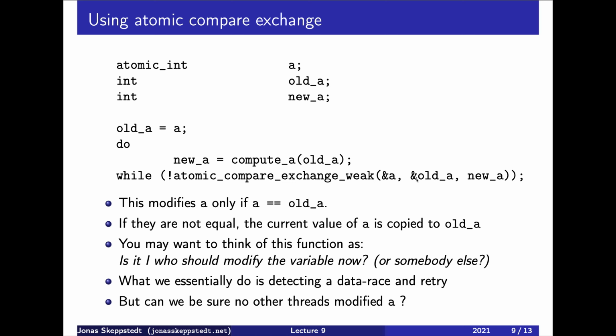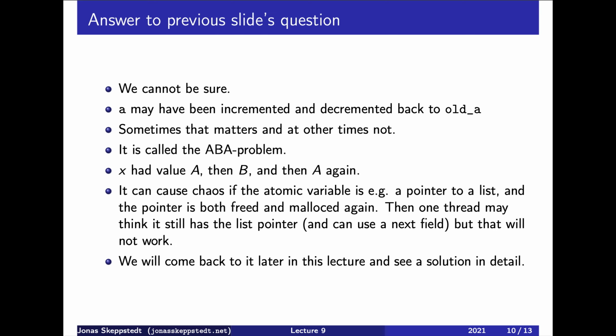If it's an int, perhaps it doesn't matter. But if it's a pointer, it can be disastrous. If we think that the pointer is still pointing to the previous value of this atomic variable, then we will see that in more detail when we come to the stack, what can happen.